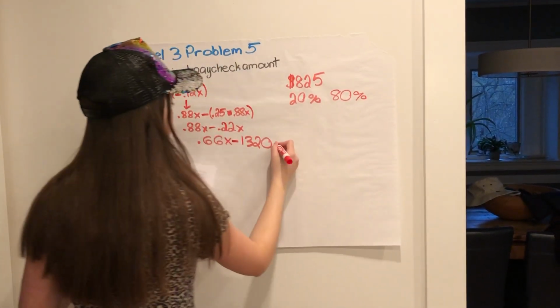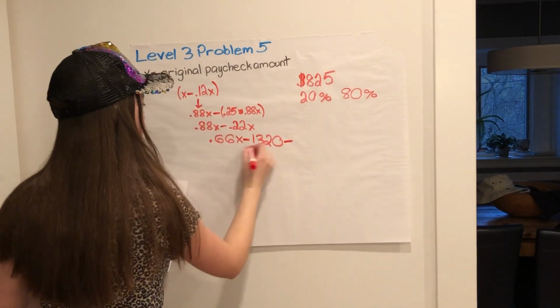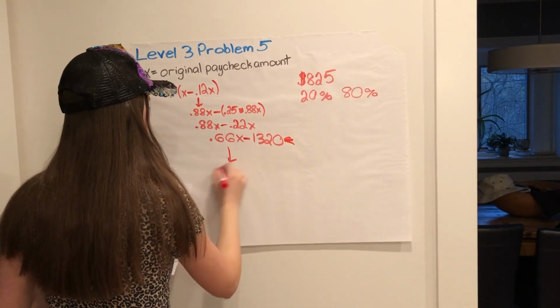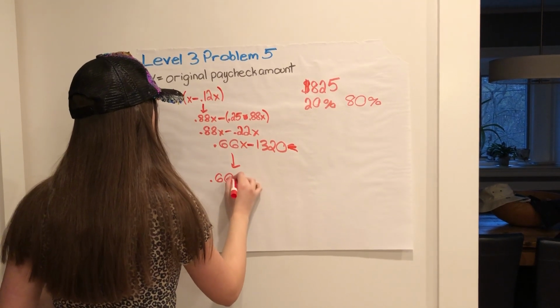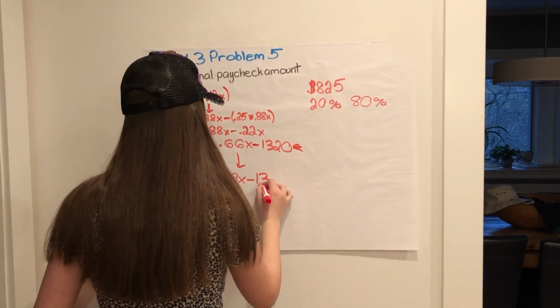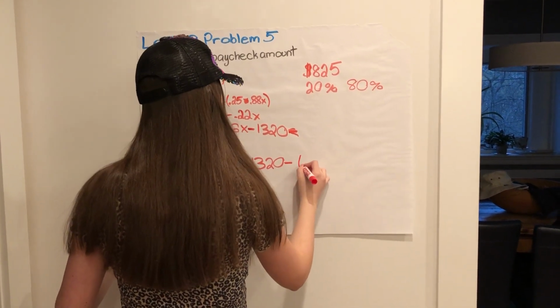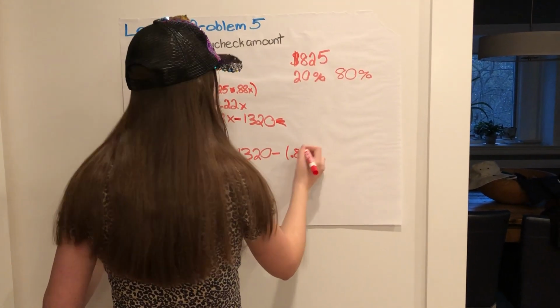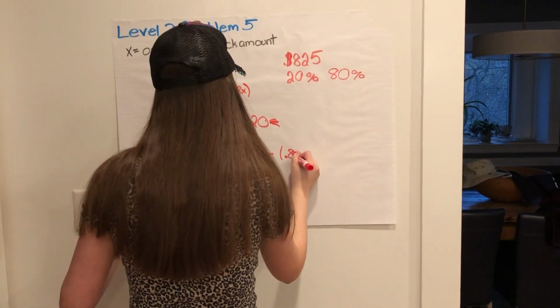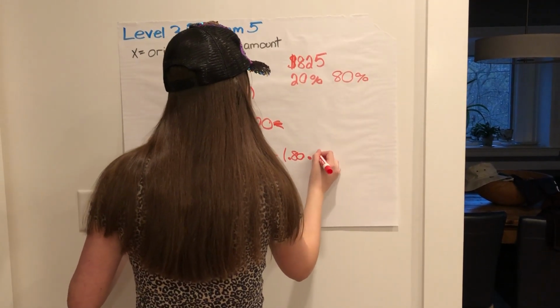Alright, so here, let's move this down here. So we have 0.66x minus 1320, which is the amount he gave to his parents, minus 0.8, because he spent 80%, or you can write 0.80, times 825.